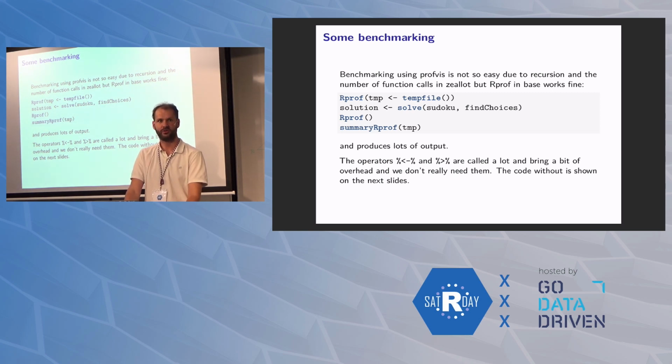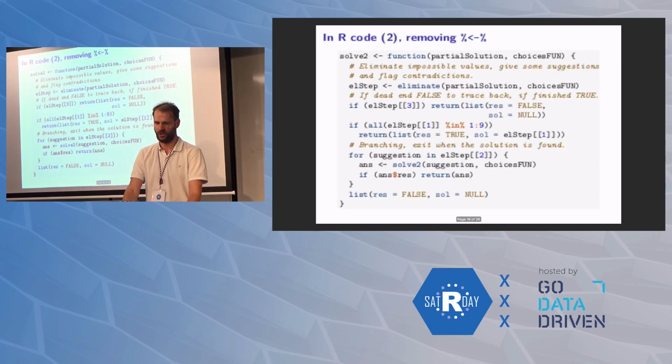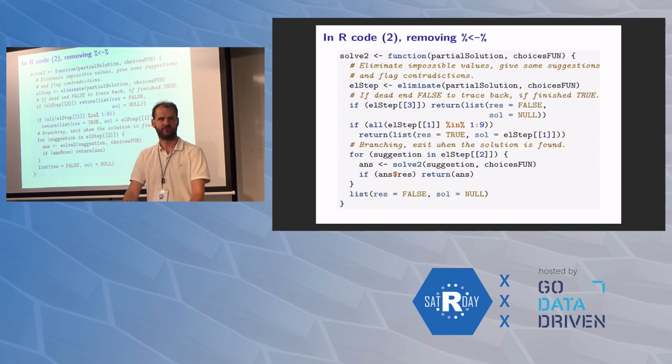I mean, glue and the pipe operator are really nice, but they require a lot of non-standard evaluation, and that slows it down a lot. So then this is more for reference. I just removed it and used more standard R, but it's basically the same code, so I won't bore you with it.